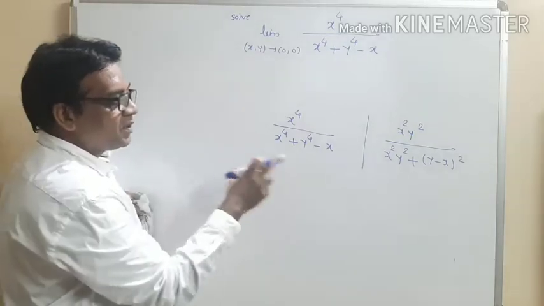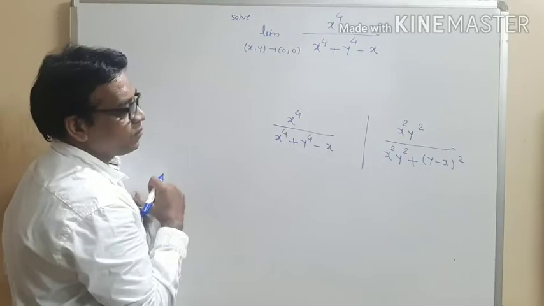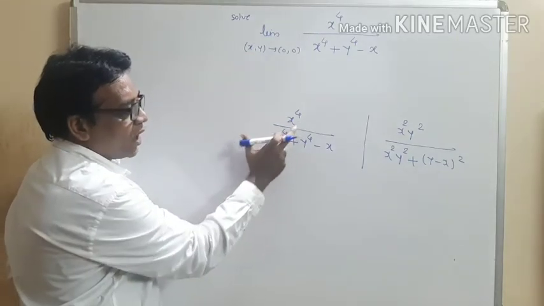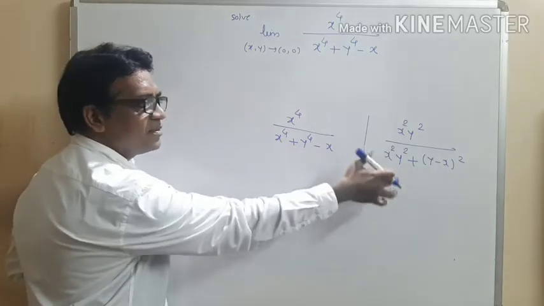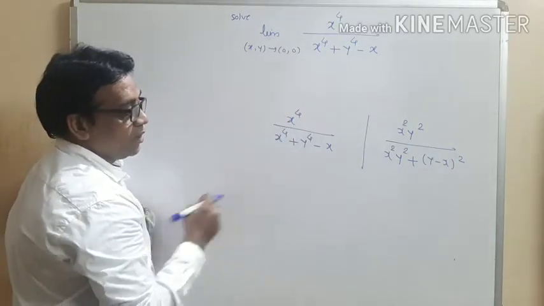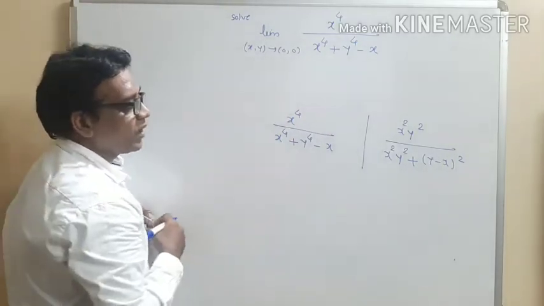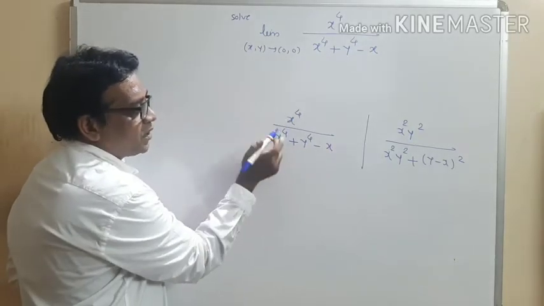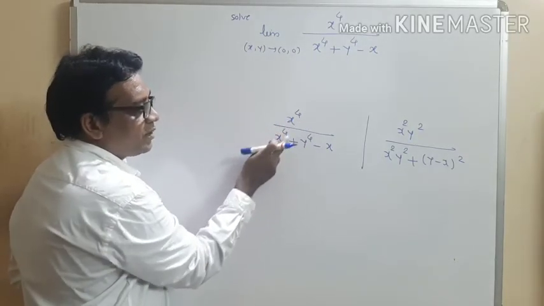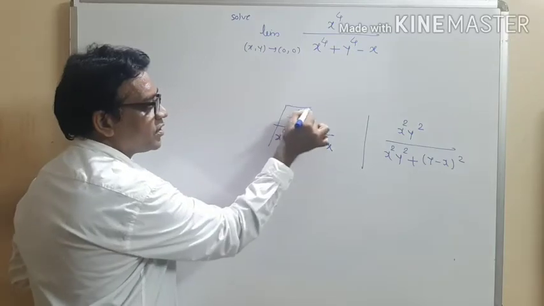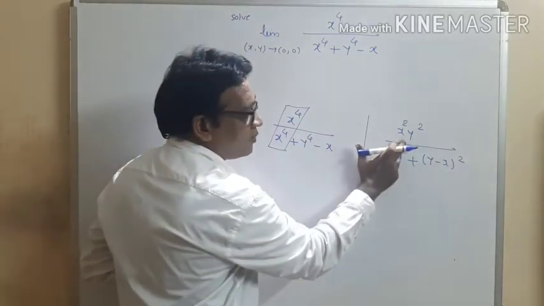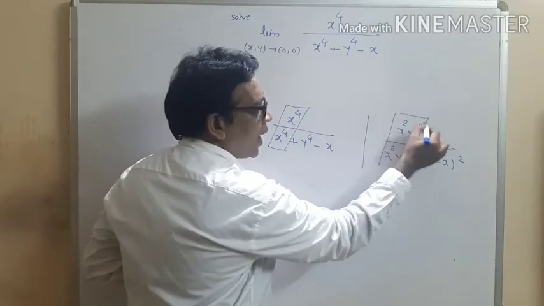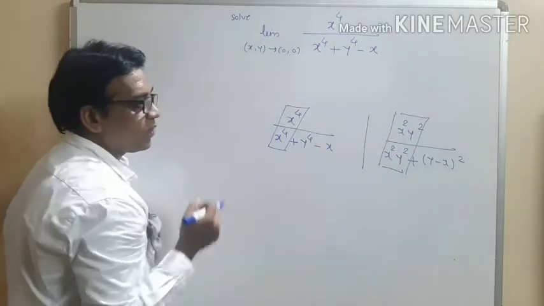Observe these two functions. What is the given function? X raised to 4 upon x raised to 4 plus y raised to 4 minus x. This is again a similar function. So see what is our observation. One term from numerator and denominator is the same. This is the identification.